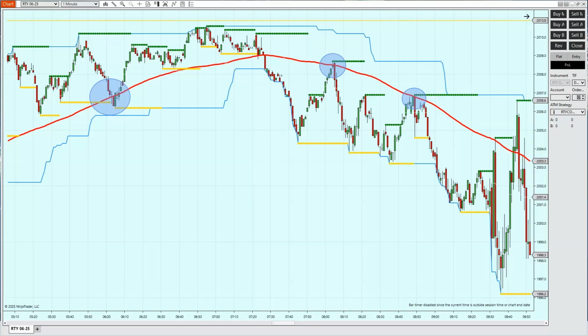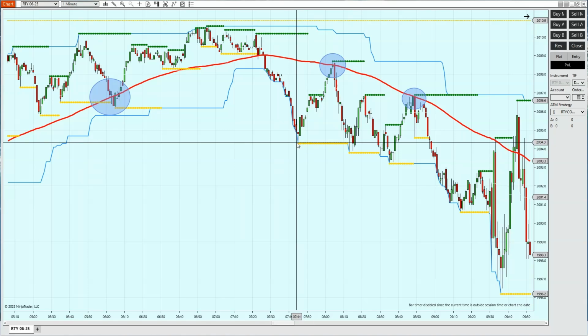Now the continuation trade has a lot of the similar thought processes to it that the 1-minute gold line trade has. What I mean by that is you've got a Donchian channel that has been pierced, for example, right here to the long side, or right here to the short side.